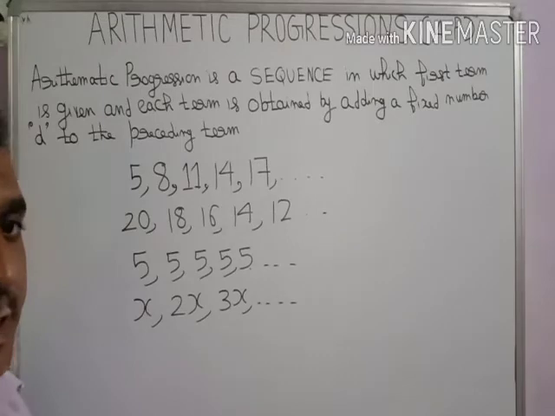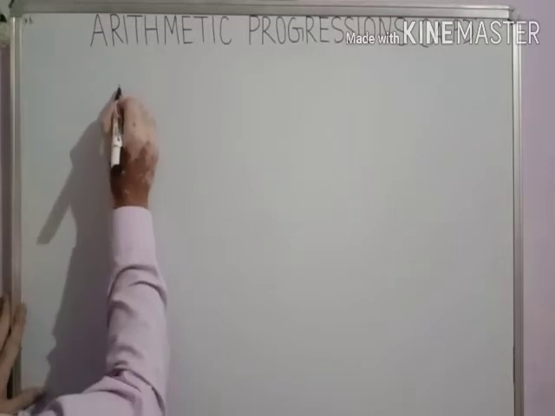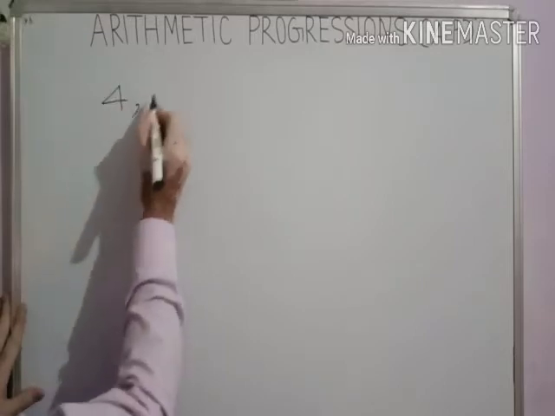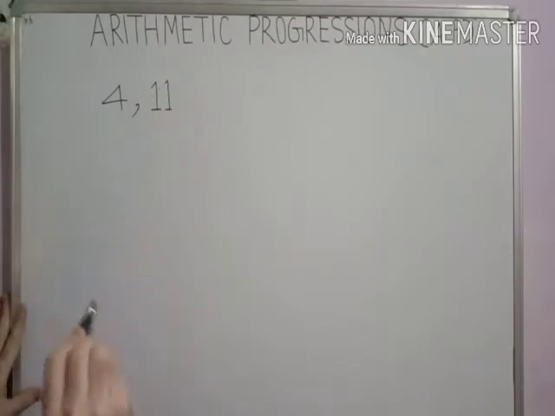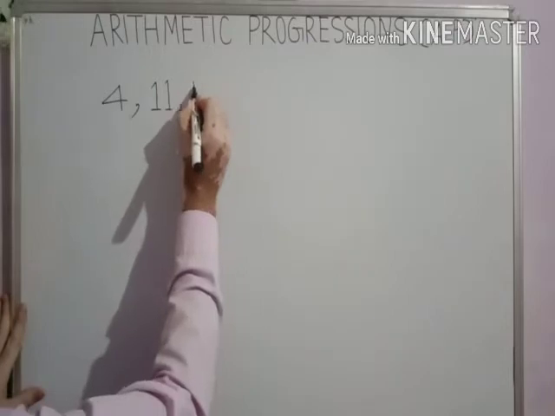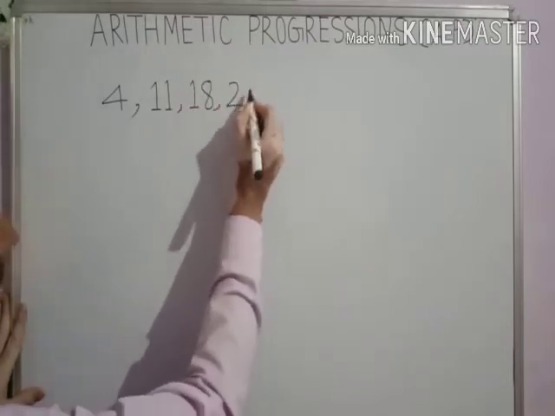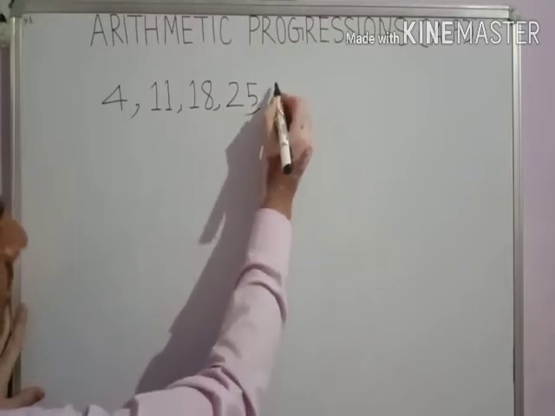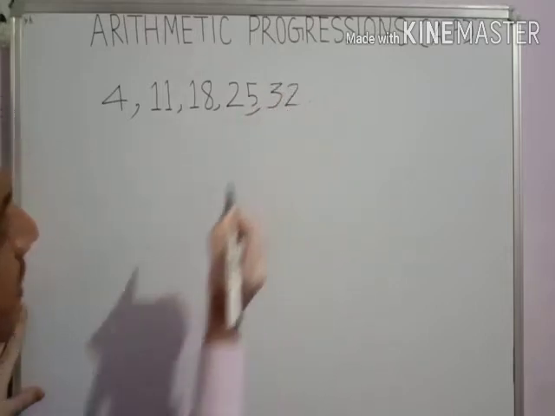Now let us understand terms related to an AP. And here I will write one AP like 4, 11, and the common number I am adding is 7. And I am getting the new term: 11 plus 7 is 18, 18 plus 7 is 25, 25 plus 7 is 32, like this.